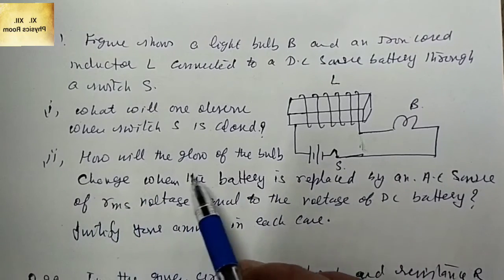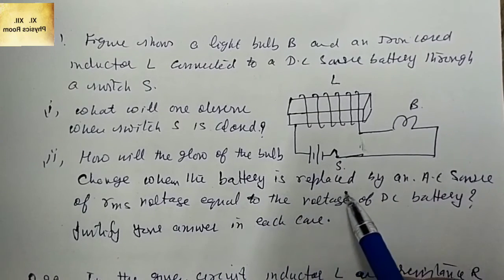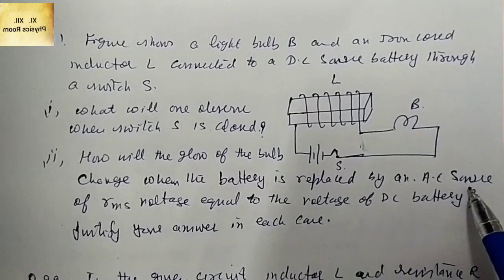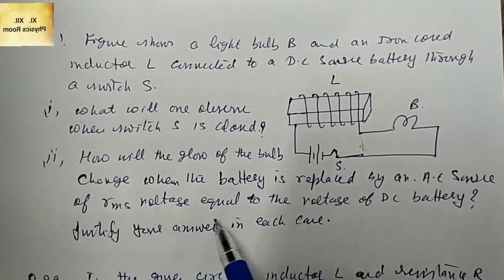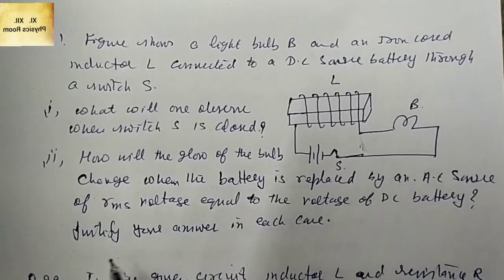Second part, how will the glow of the bulb change when the battery is replaced by an AC source of RMS voltage equal to the voltage of the DC battery? Justify your answer in each case.